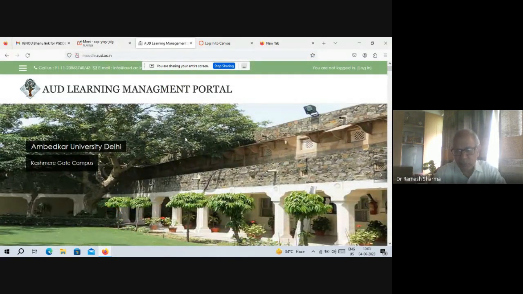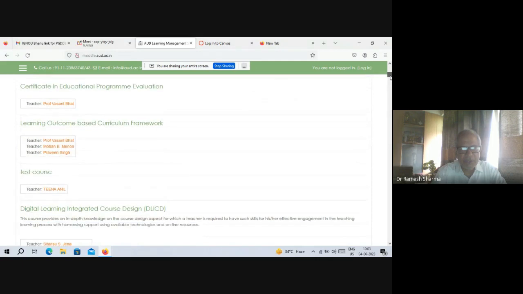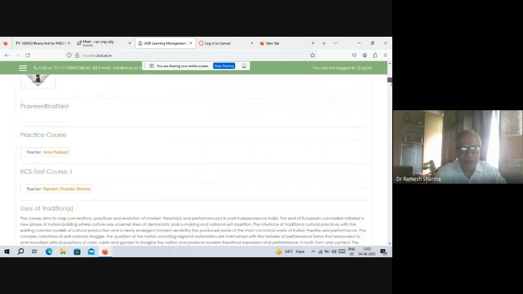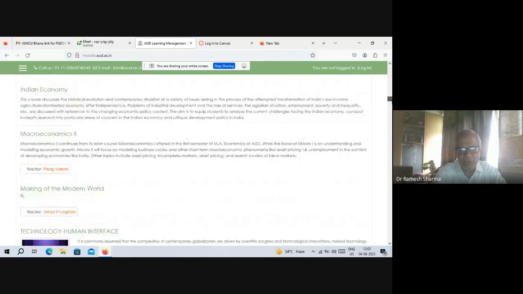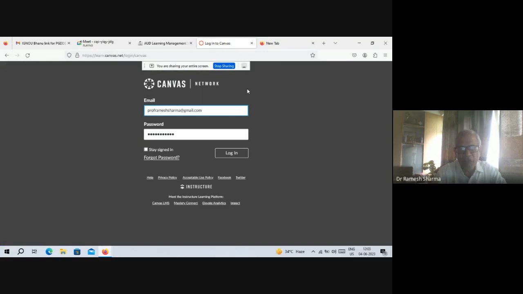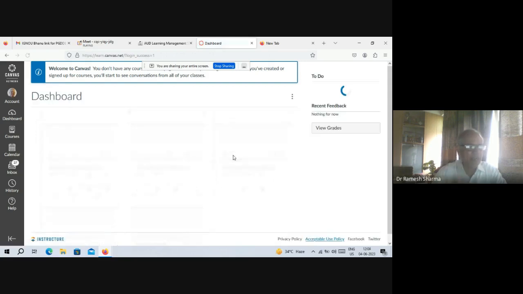This is Moodle, which is a learning management system, and there are various courses offered using this. So IGNOU also uses Moodle, and the courses are offered there. There is another platform called Canvas, and this is also a very popular learning management system. These learning management systems are web-based platforms which host course material, facilitate communication, and provide interactive features for distance education. And the students are able to access resources.